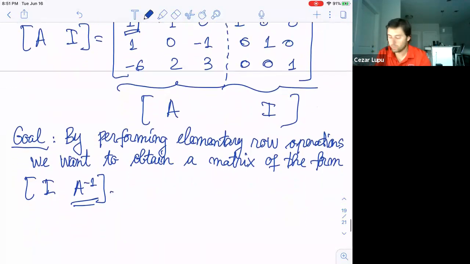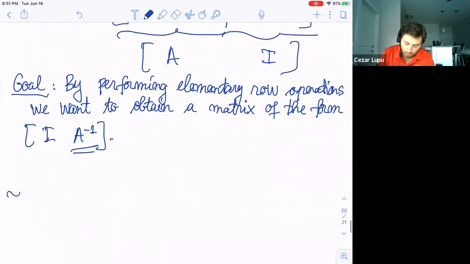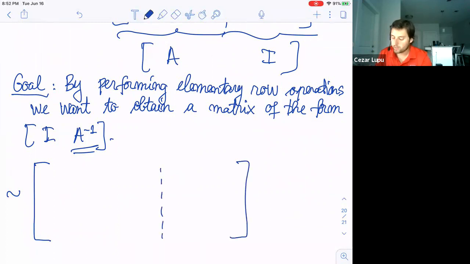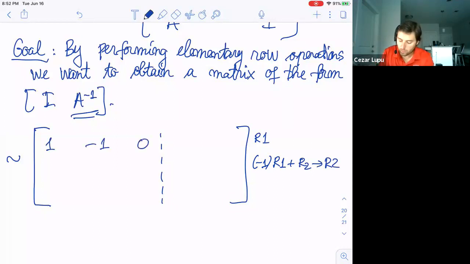We'll have the following. This will be equivalent with the following matrix. So let's copy. R1 will stay the same, and the new R2 will be -1 times R1 plus R2. Okay. So the first one, let's copy it: 1, -1, 0, 1, 0, 0.